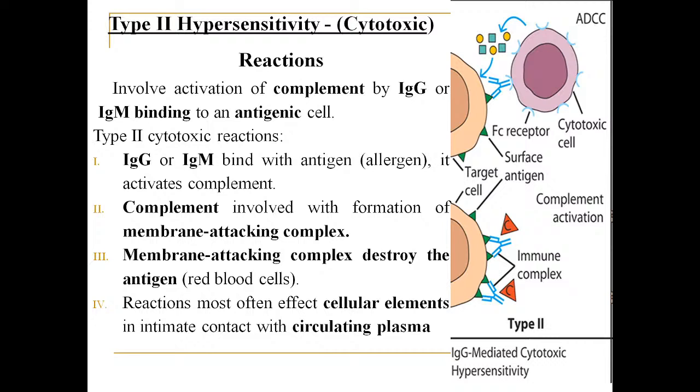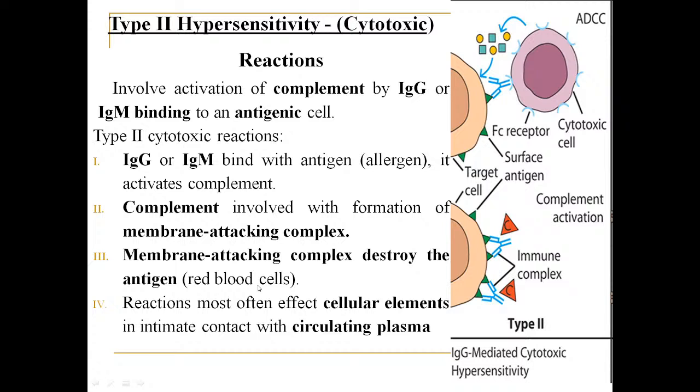C1 is activated, then C4, C2, C3, C5, C6, C7, C8, C9. Here we are interested in the last components in the membrane attack complex, C6, C7, C8, C9. These are the final components that are activated. The membrane attack complex destroys the antigen.